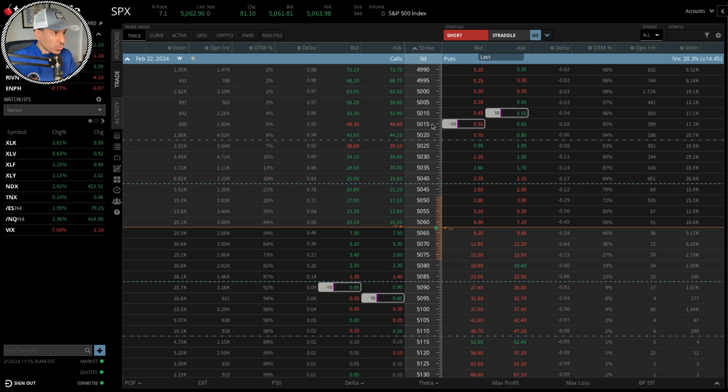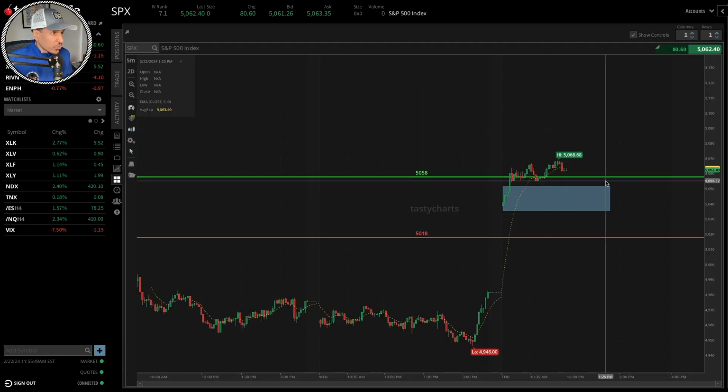However, as you can see here, I decided it also made sense to go on the put side and look at the high for today. At the time that I put the vertical put credit spread on, the high was 50.64. It's made a new high since then, so the new high right now is 50.68 for today.